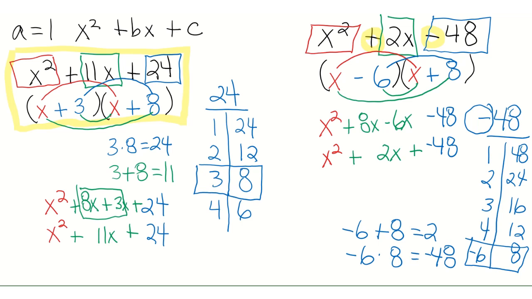So that means that for this problem, the factors are going to be a minus 6 and a positive 8. So it's going to be x minus 6 and x plus 8.